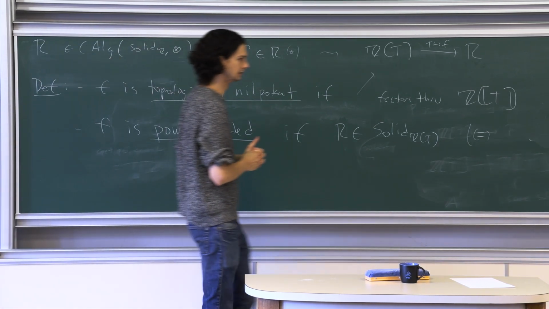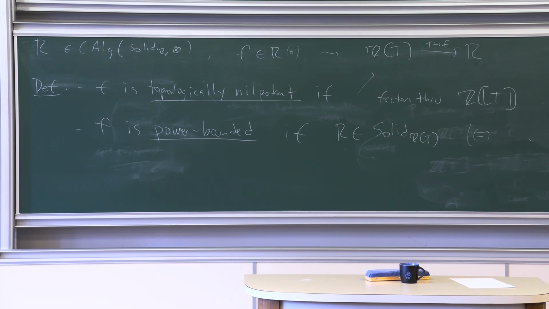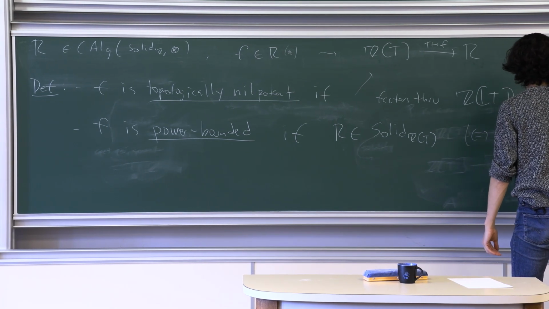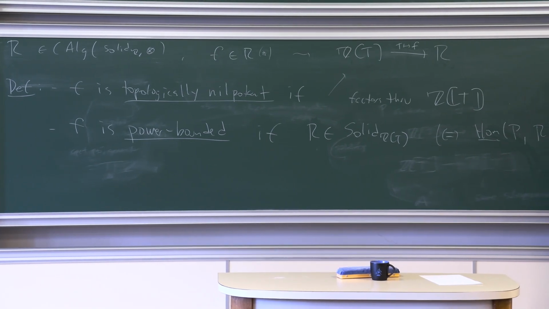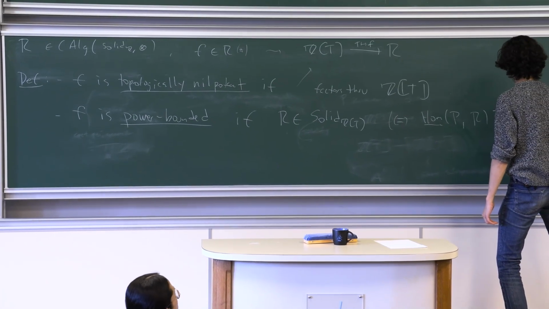Basically in the definition of solid, you're imposing that certain limits exist uniquely, even though you have non-Hausdorff behavior. That's the same thing as saying that if you take Hom from P to R, f times shift minus identity is an isomorphism.